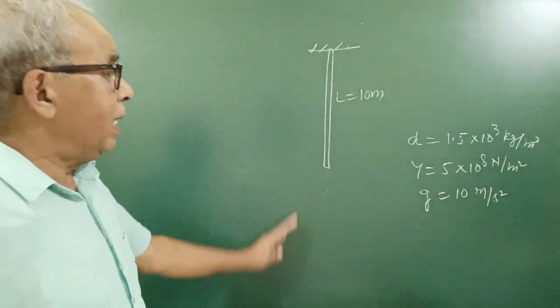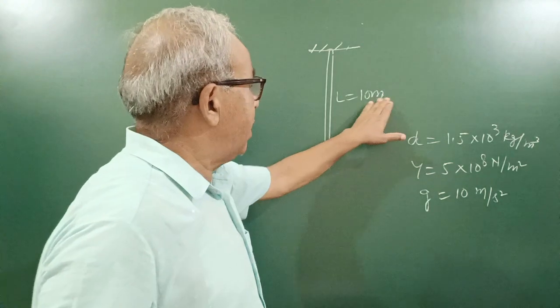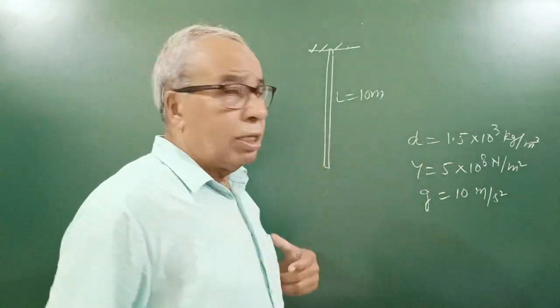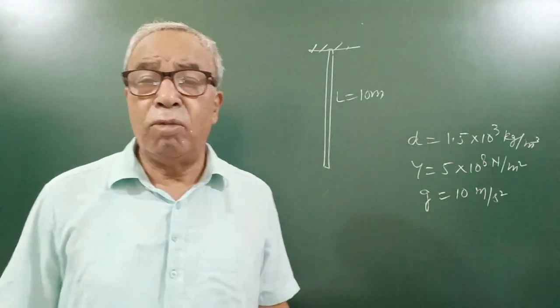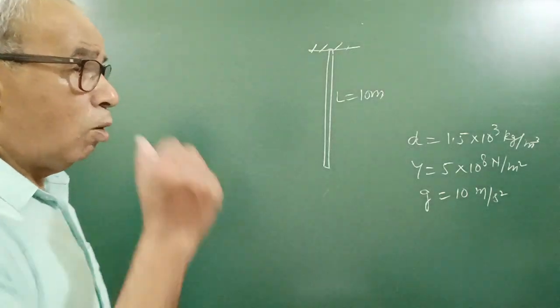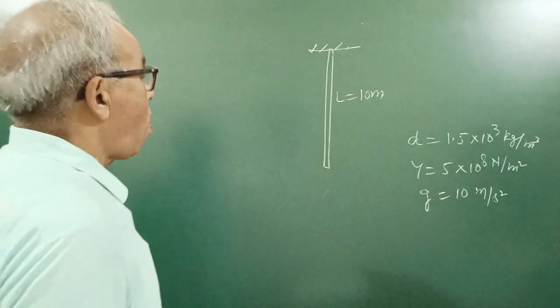We have a rubber band here whose length is 10 meter. So under its own weight, how much can it get elongated, how much will the length increase?